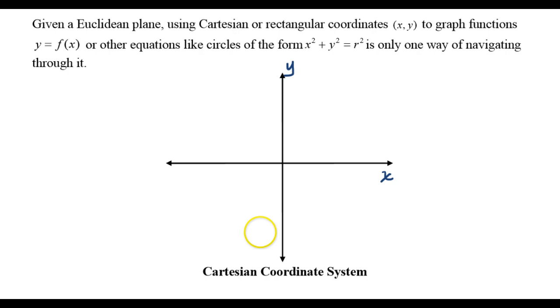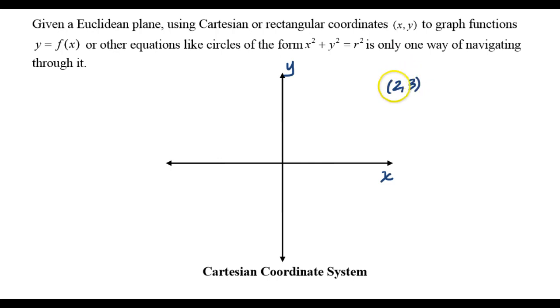When we do so, we're implying that we're working on a Cartesian or rectangular coordinate system. To find specific points, we move x units to the right or left, depending on if x is positive or negative. Let's say we're trying to graph the point (2, 3).